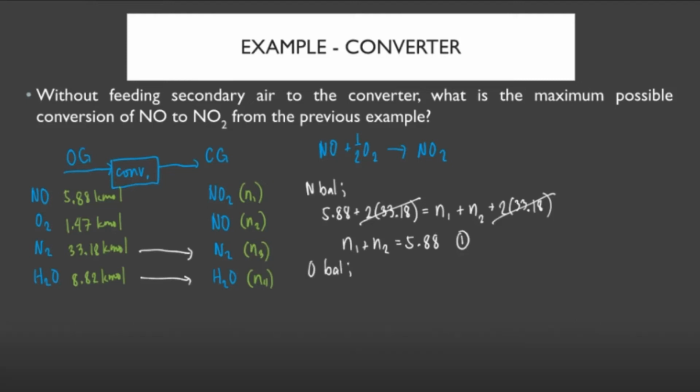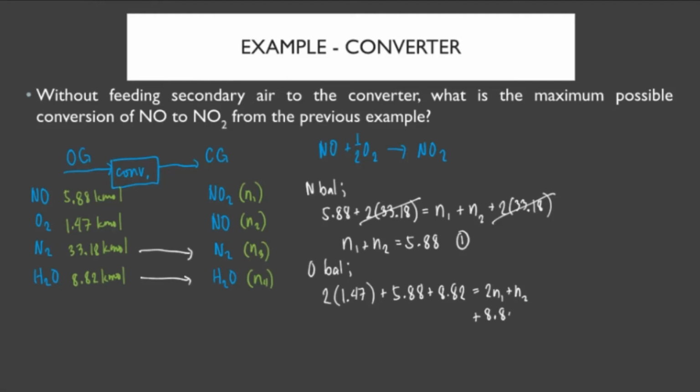Our oxygen balance is written as 2 times 1.47 plus, coming from the nitrogen monoxide, 5.88, and then coming from water, that is 8.82. On the product side, we have 2N1 plus N2 plus the contribution of water, still 8.82.